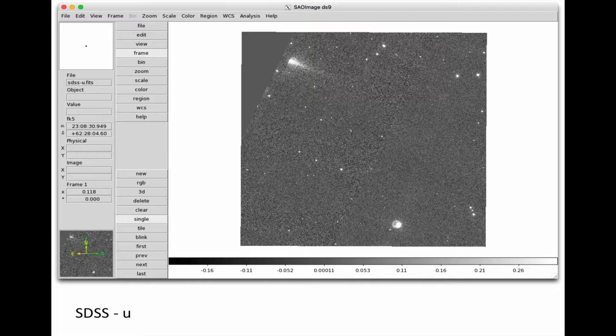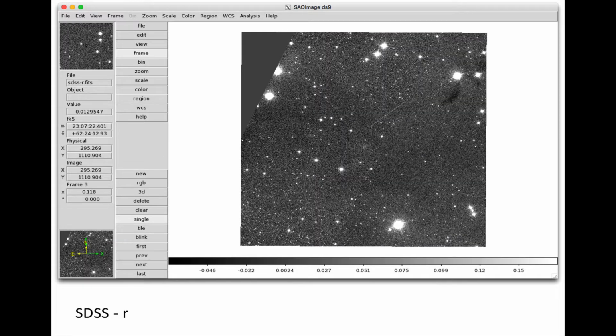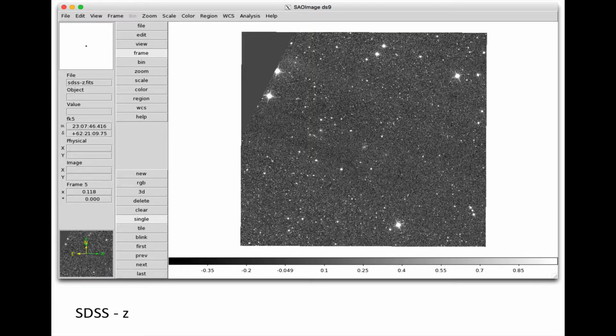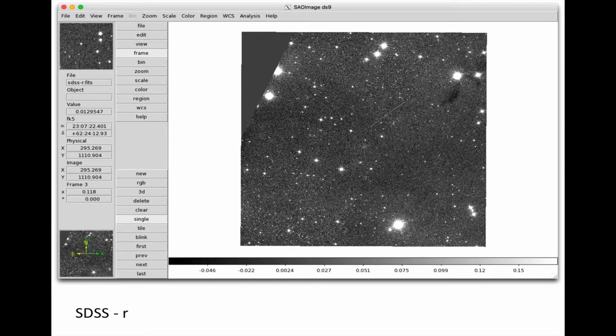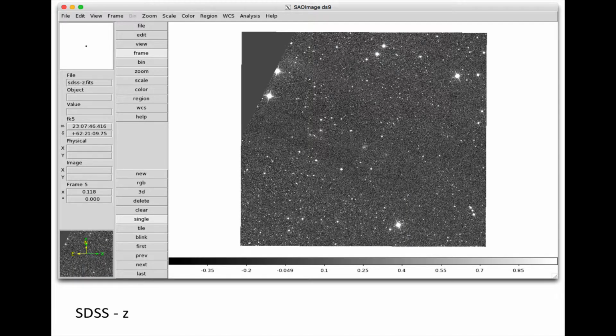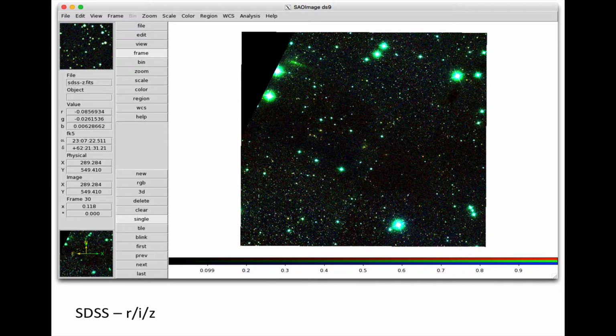So this is Sloan U, G, R, I, Z. And so you can start to see, as we go into longer wavelengths, more and more stars are detected. If I go back to U, there's not very many stars that are detected. And by the time I make it to Z, there's lots of stars detected. You can make 3-color images, which sometimes help you see those differences.